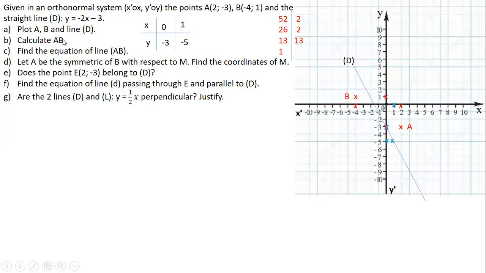What is the rule, Lana, to calculate the measure of segment AB? How do we calculate any length in a system of axes? AB equals what?